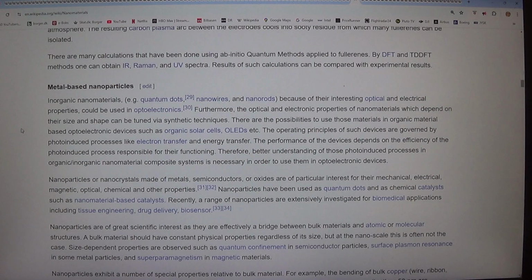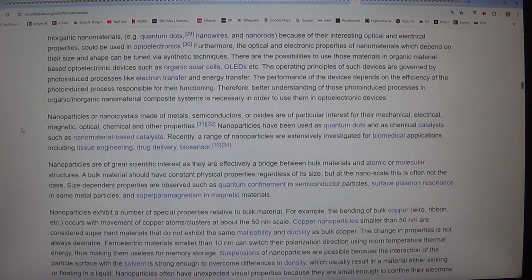There are possibilities to use those materials in organic material-based optoelectronic devices such as organic solar cells, OLEDs, etc. The operating principles of such devices are governed by photon-induced processes like electron transfer and energy transfer. The performance of the devices depends on the efficiency of the photon-induced process responsible for their functioning.